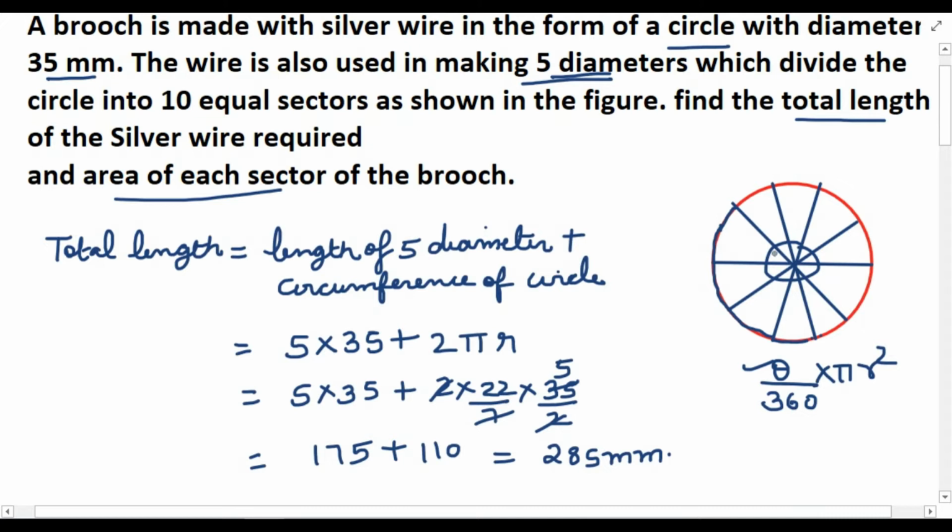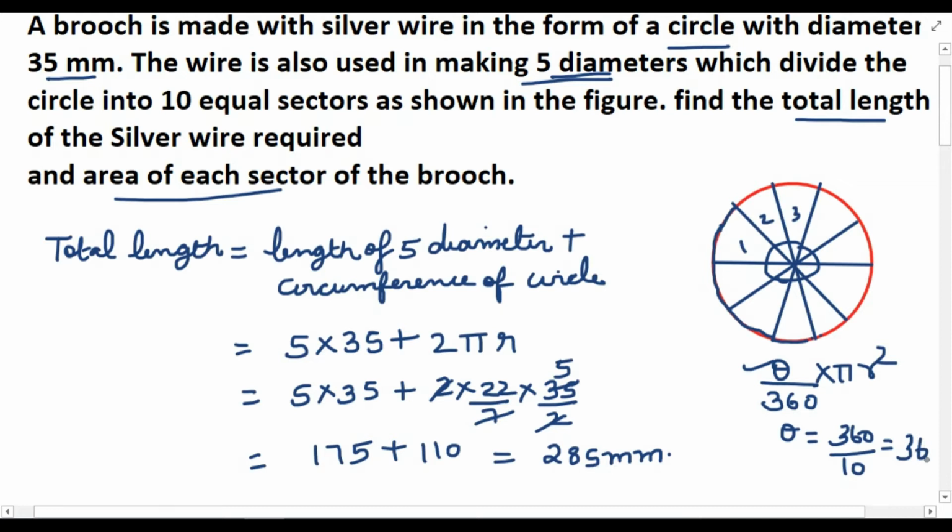Since there are 10 sectors, the angle of each sector will be 360 divided by 10, which is equal to 36 degree.